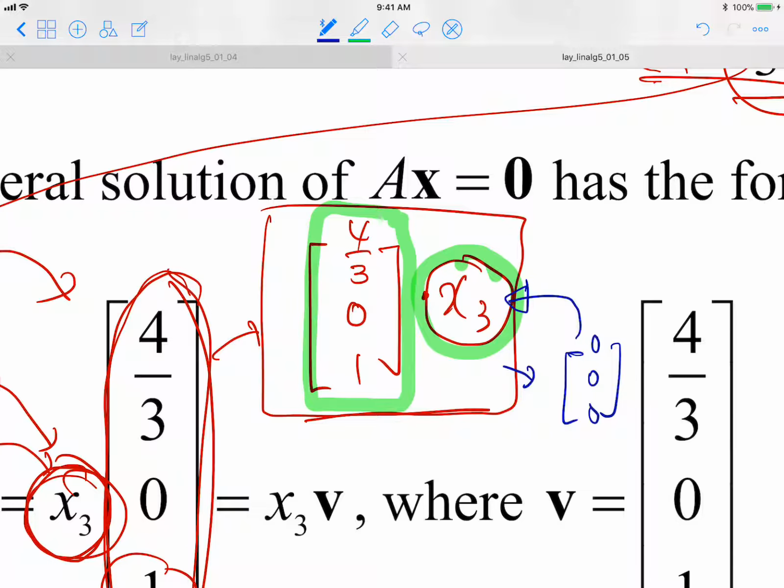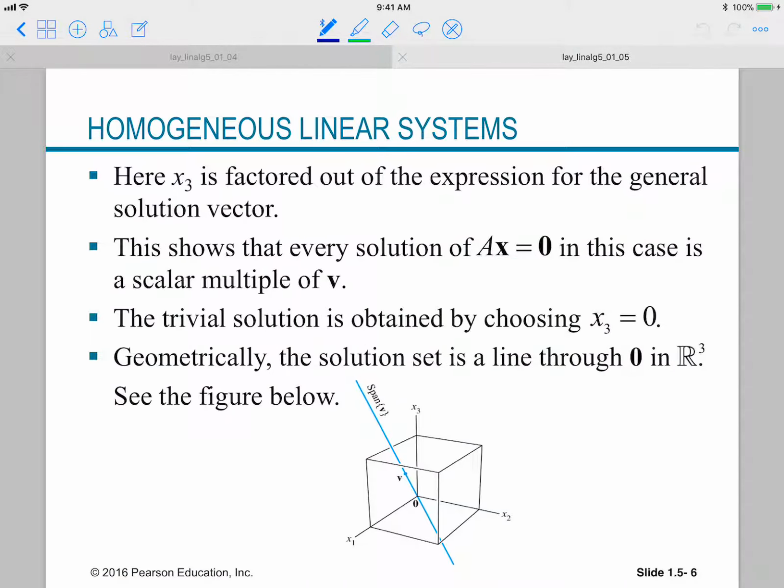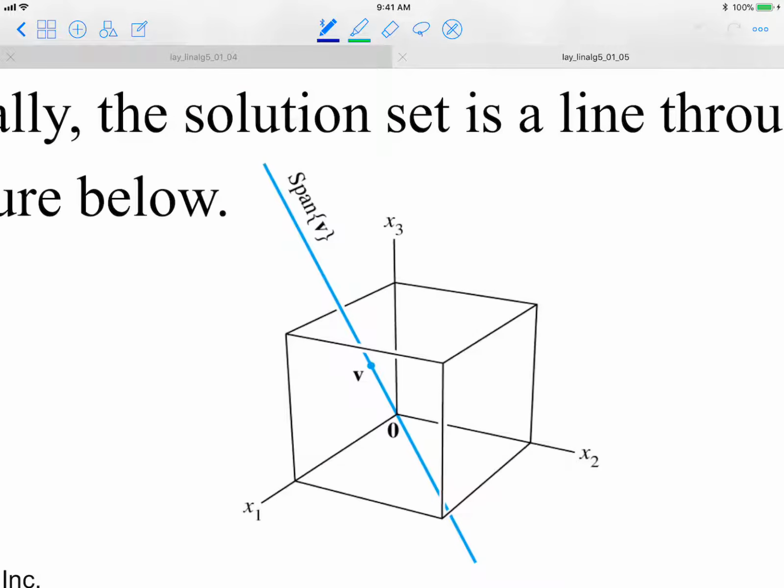So this solution is of course contained in our solution set, but also by changing x3, our solution is actually along this particular line, right?